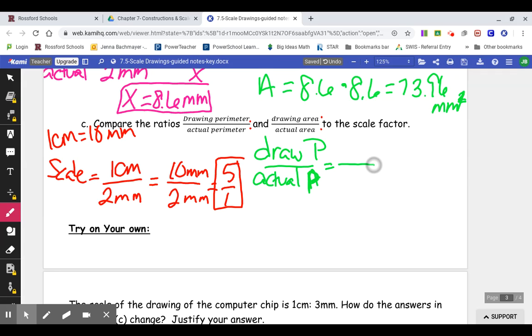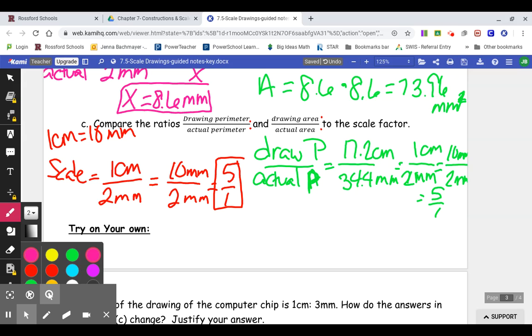We are going to have 17.2 centimeters compared to 34.4 millimeters. Remember, 10 millimeters is 1 centimeter, so I was able to reduce that down. It's a millimeter over 2 millimeters that I have here. So my drawing perimeter compared to my actual perimeter is still a ratio of 5 to 1.